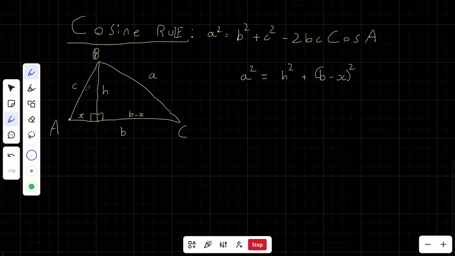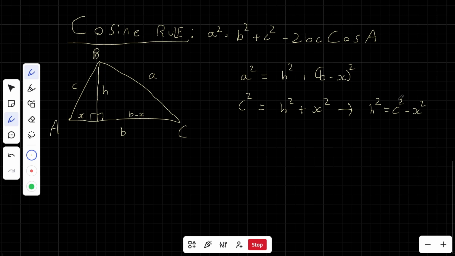And we're going to do the same with this triangle on the left. Using Pythagoras' theorem, c squared is equal to h squared plus x squared. And on this second equation here, I'm just going to make h squared the subject. So h squared is equal to c squared minus x squared.